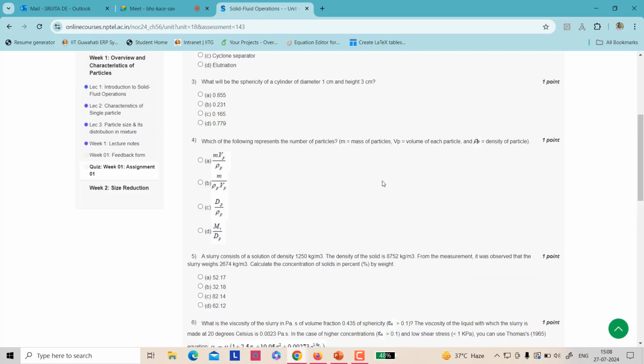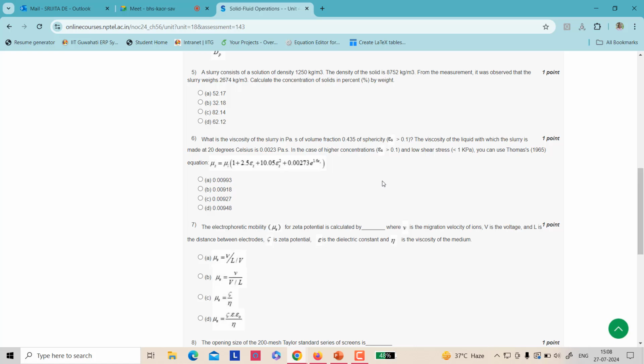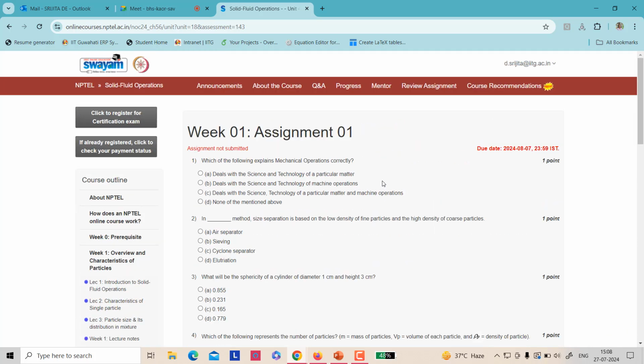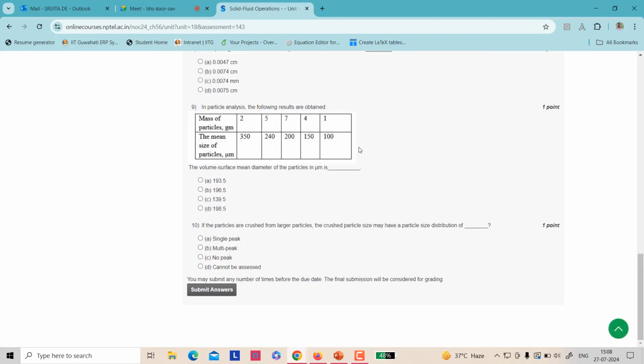Question number two, the ninth one in the assignment. What is your question? To calculate the volume surface mean diameter of the particle in micrometers.